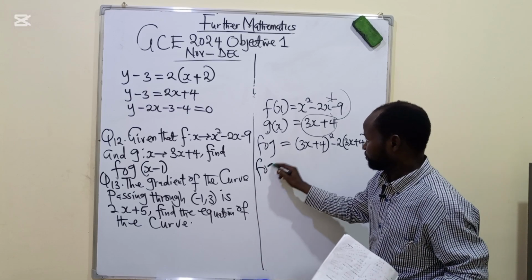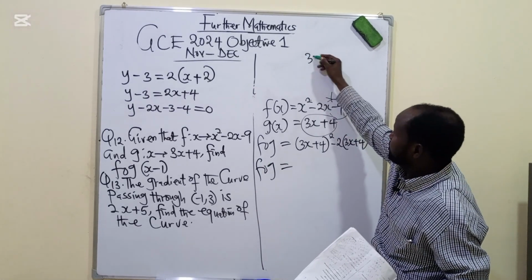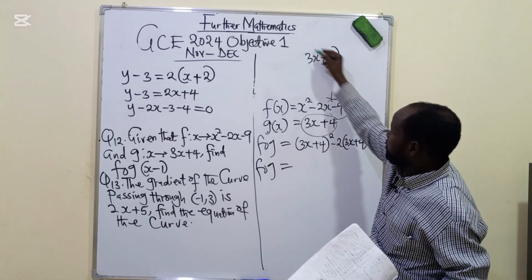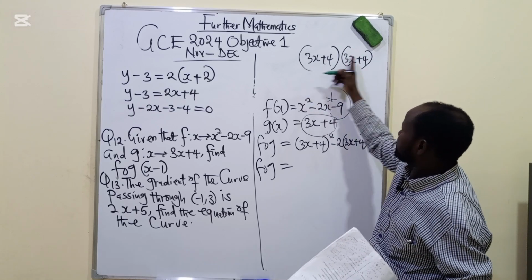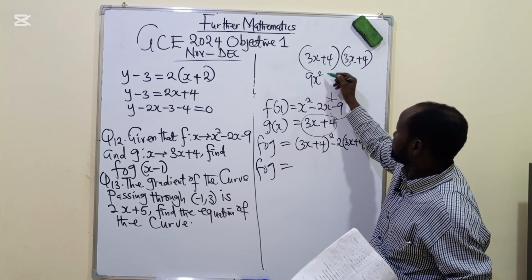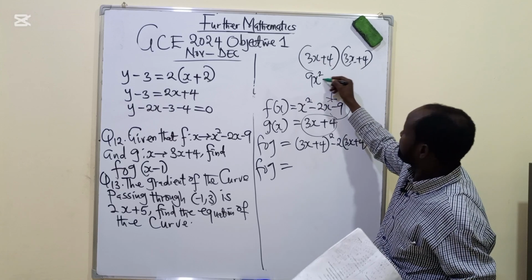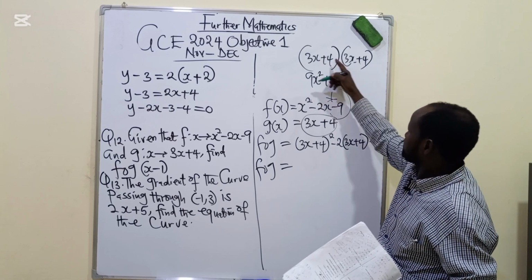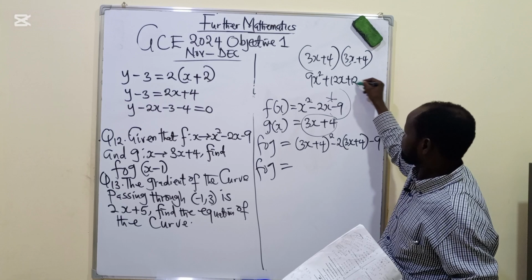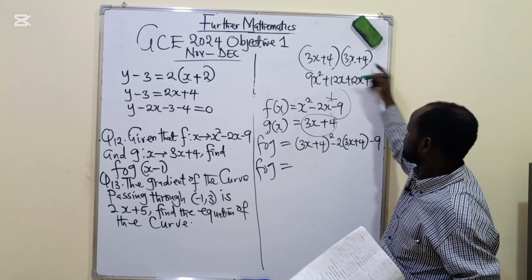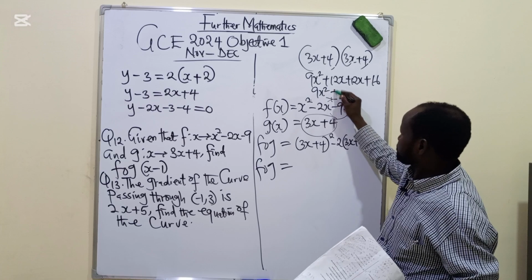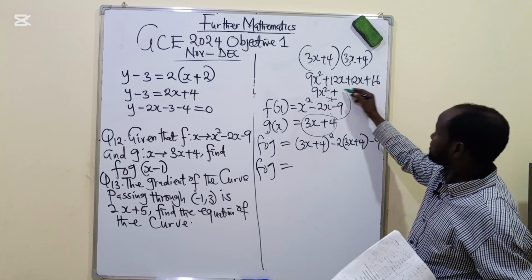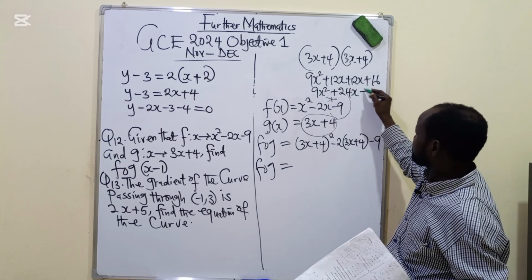f of g now will be equal to 3x plus 4 all squared, that's 3x plus 4 in another bracket. 3x times 3x, that will be 9x squared. 3x times plus 4, that will be plus 12x. 4 times 3x, that will be plus 12x, plus 4 times 4, 16. And this will be 9x squared plus 12x plus 12x, that's 24x, plus 16.